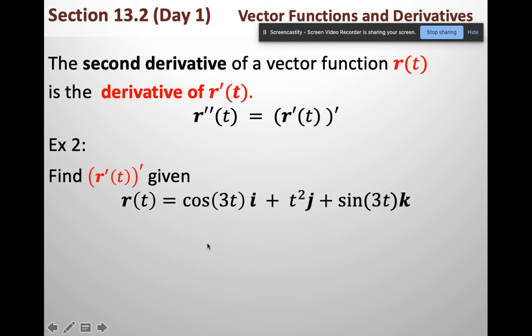So look at this. I want to take the second derivative. Well, the second derivative is just the derivative of the first derivative. So notice I already got r prime, right? We just got r prime already.